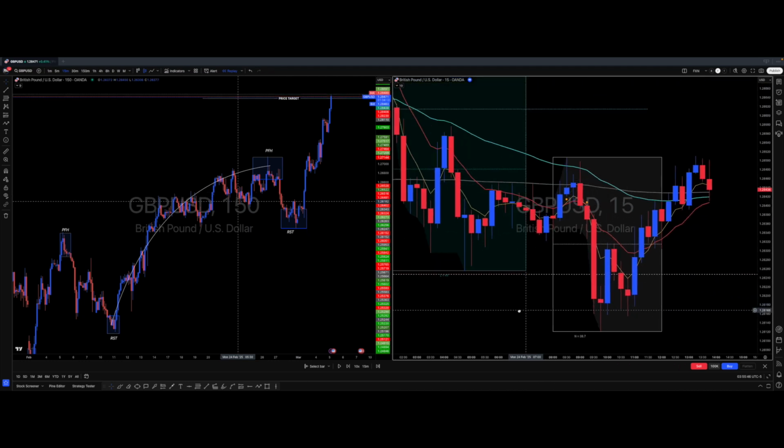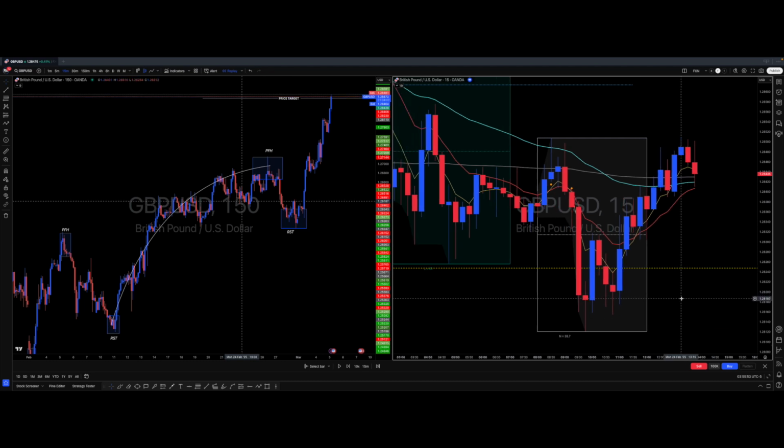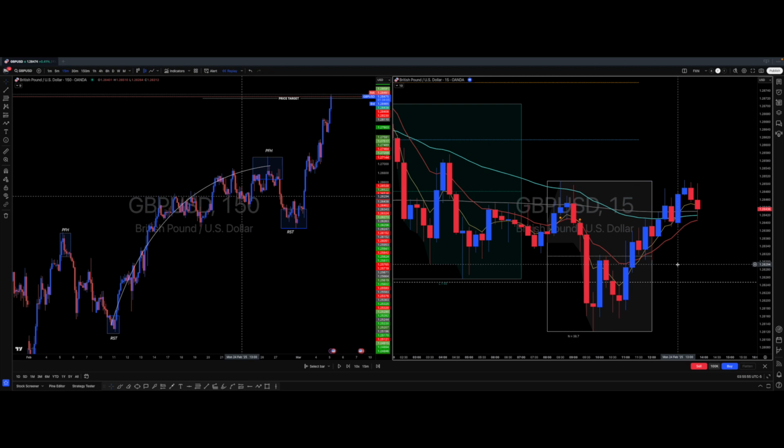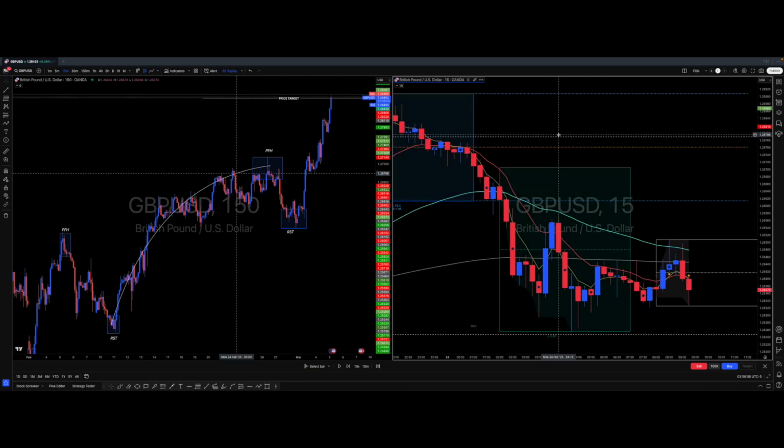All right, now going into the US session, a couple of things could have happened here depending on what time you were looking at the charts in the US session. The reason I say that is because one of the beautiful things about trading the US session is the fact that you can trade in either direction.